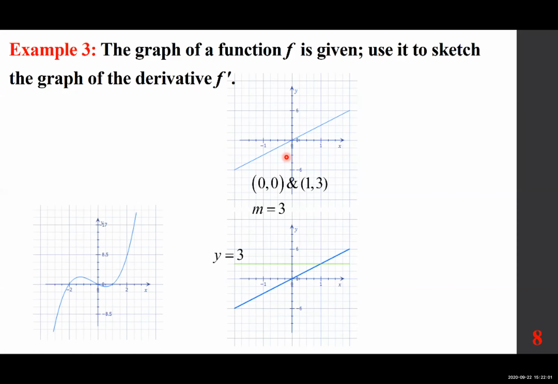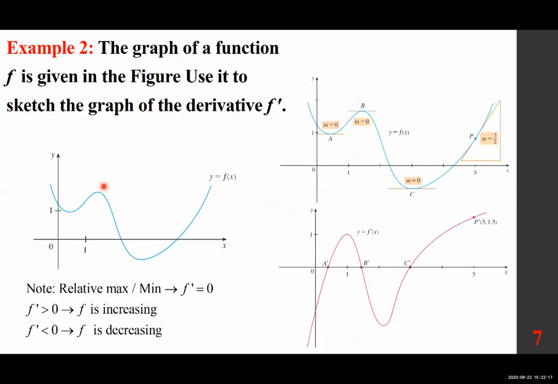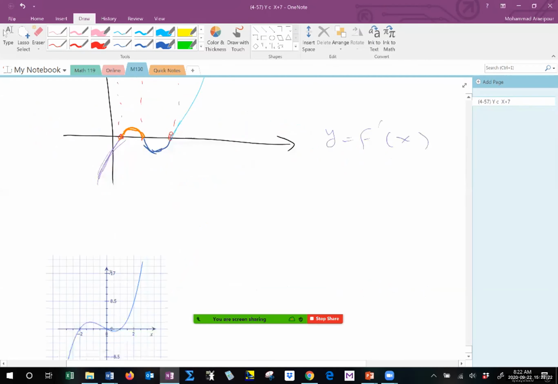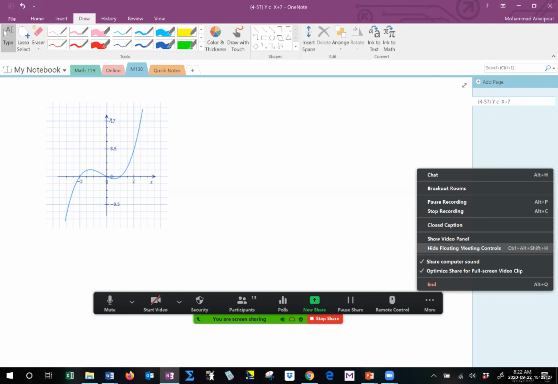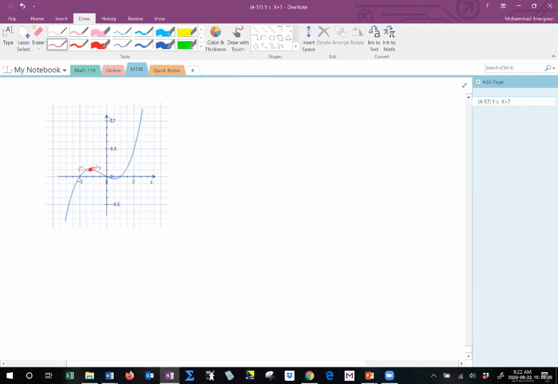All right. Let's look at this one. Again, easy points, this one and this one. Let's go to OneNote and show you. Okay, so we have this point, and this point.